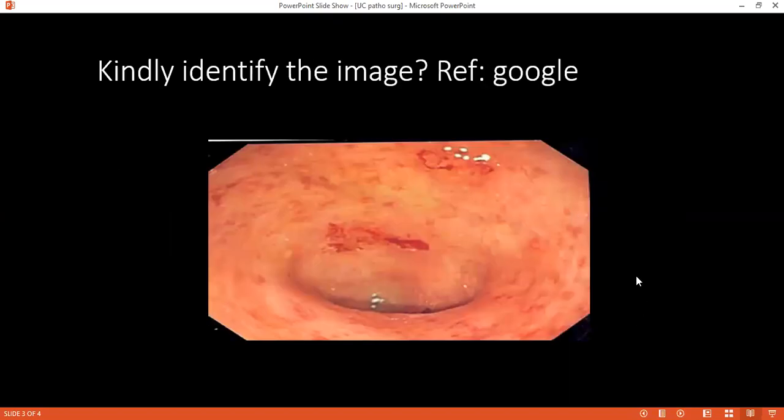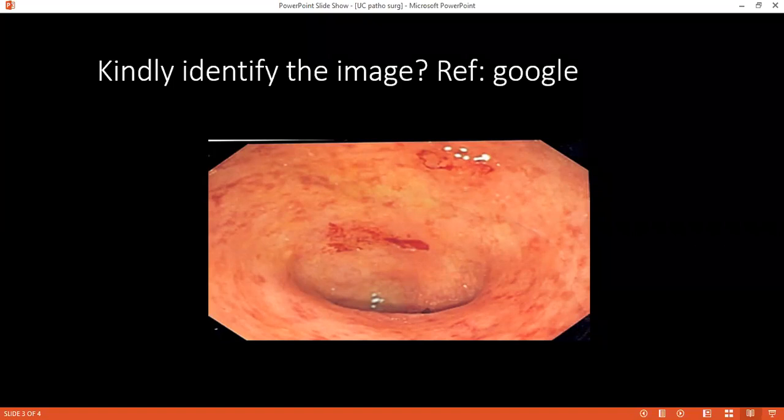Can you explain the lesion you are looking at, please? It's a colonoscopic view of the colon, seeing the superficial ulceration. You said superficial, and is it continuous?